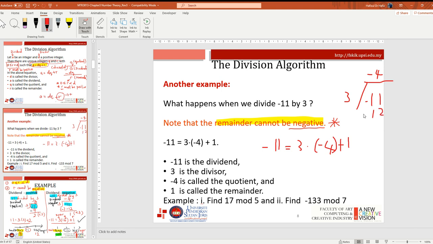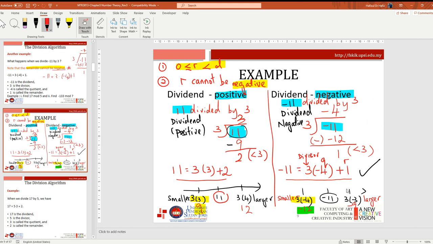Okay, negative 12, negative, got positive, and the remainder is 1. Then find 17 mod 5 and find negative 133 mod 7. For this one, the dividend is negative, the divisor positive.